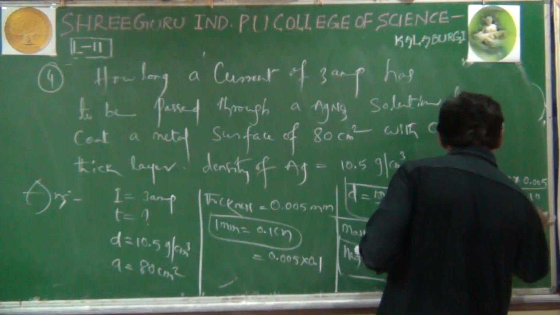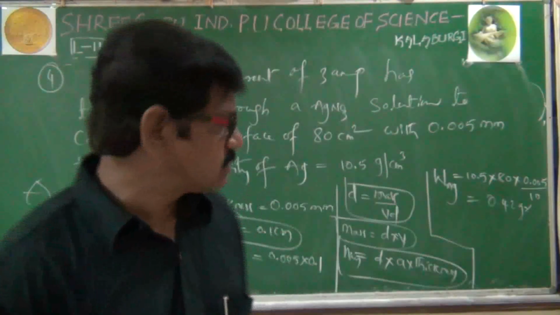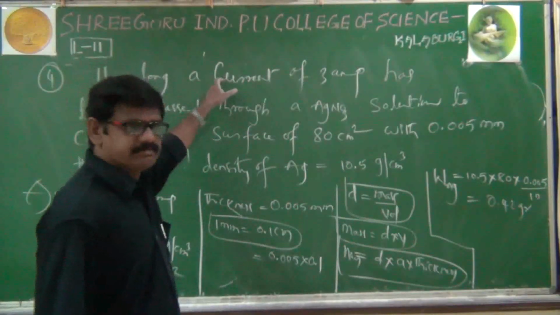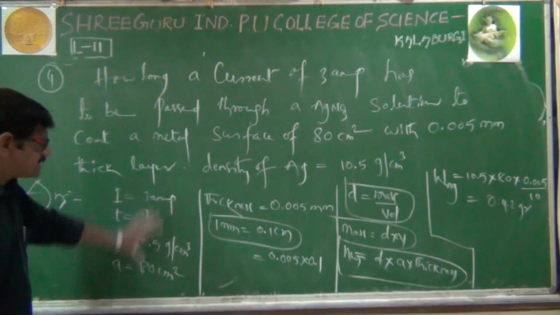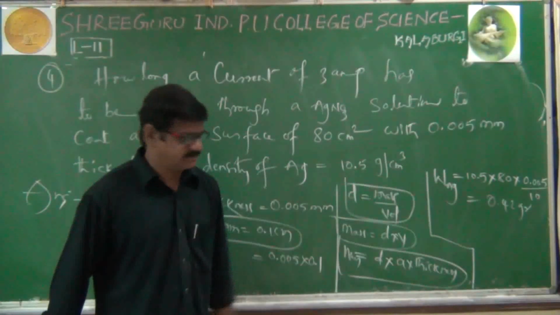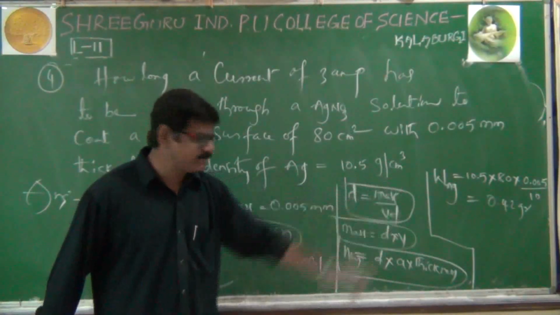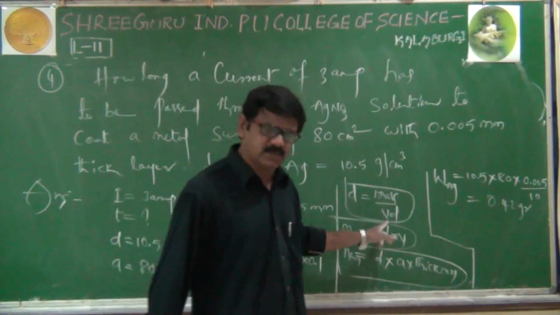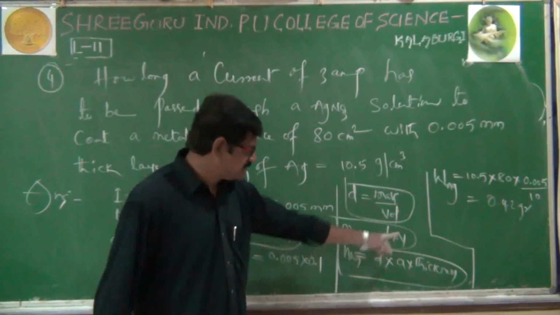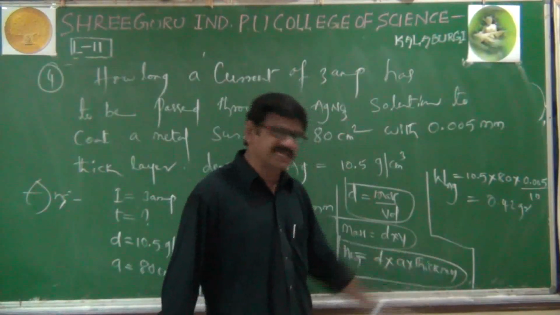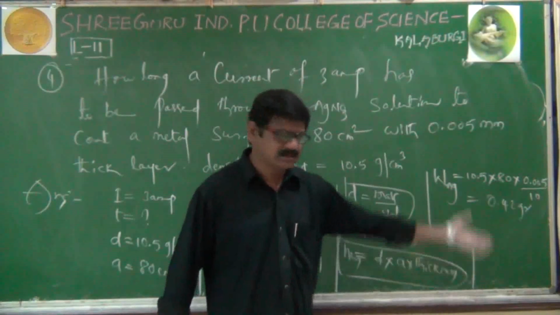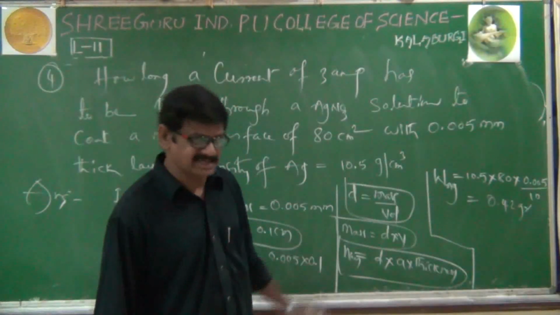That's all. This is about mass. But this is not our answer. It is asking me time. Once again, based on the given data, we have calculated the mass of silver deposited. How did we calculate mass? Based on density equal to mass by volume. Mass, if you bring to the LHS, is density into volume. Density is already given in the question, but volume is nothing but area into thickness. Area is given, thickness is also given. Just substituted, then of course mass is obtained.